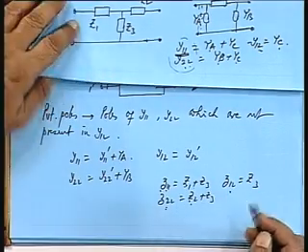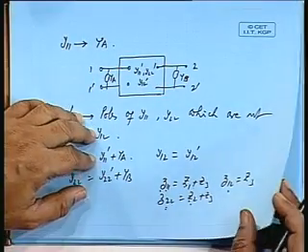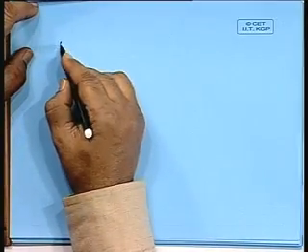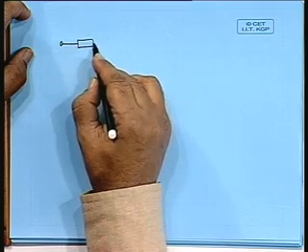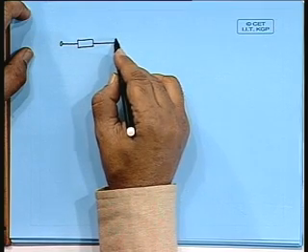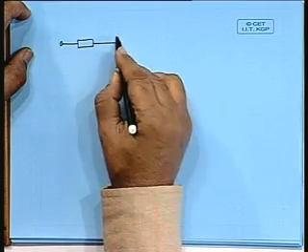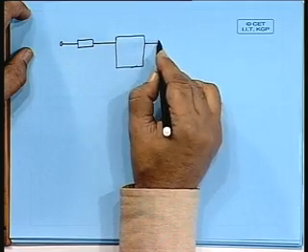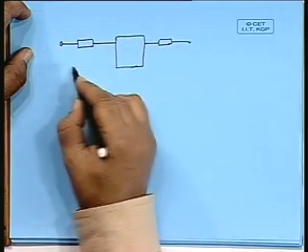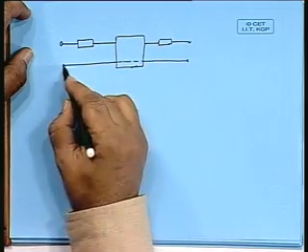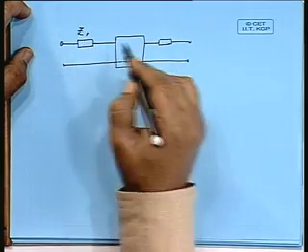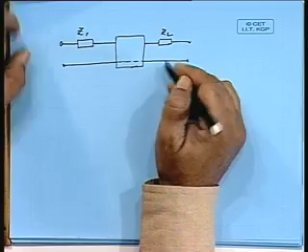Okay. So, if I have a series addition of such elements, this is some Z1, Z2.